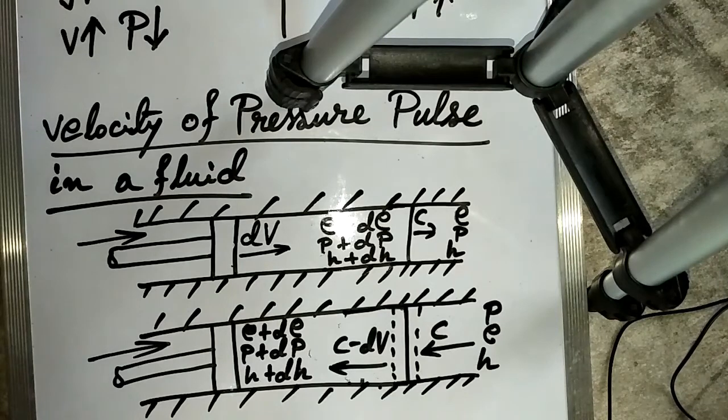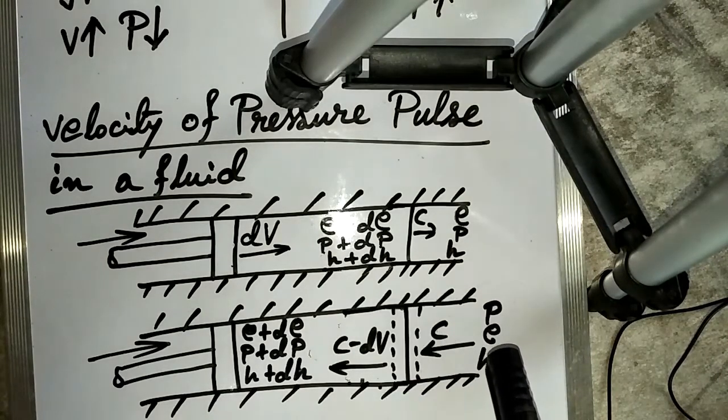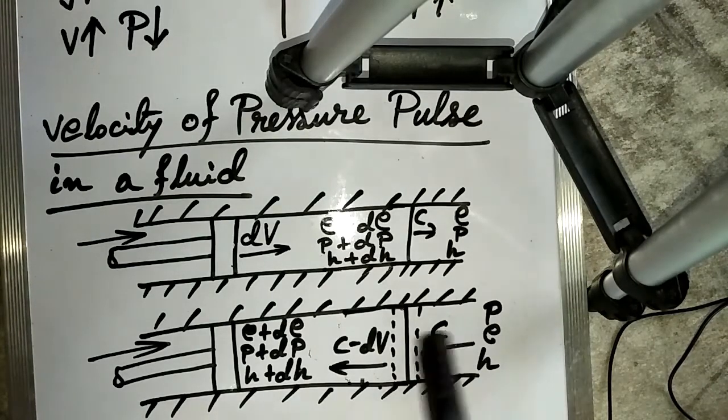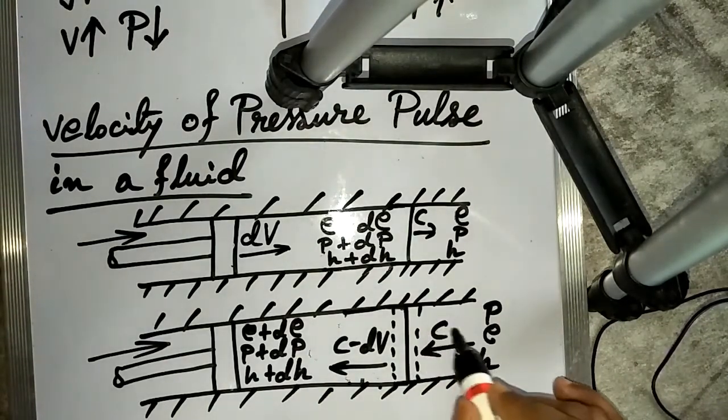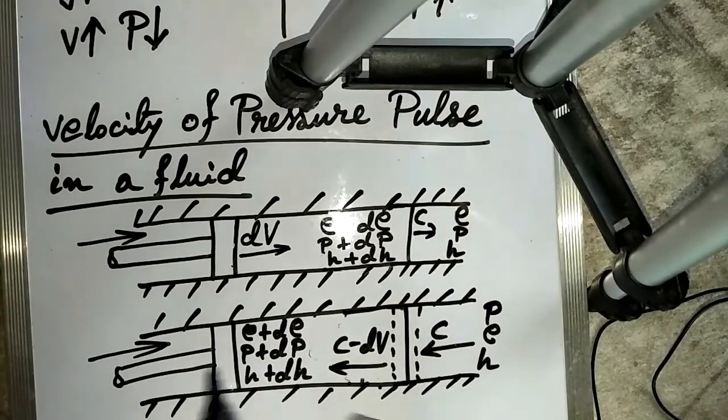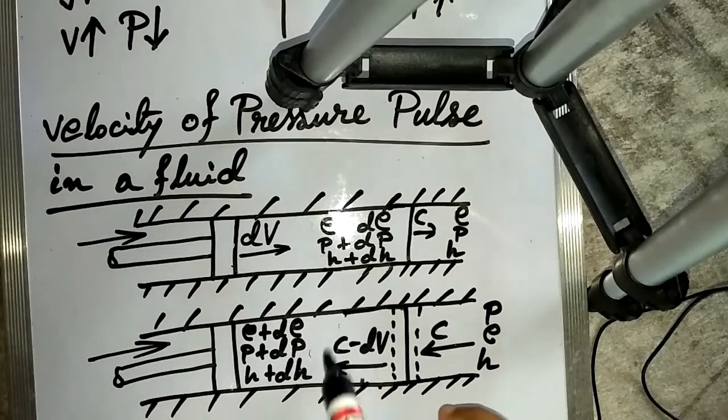The fluid flows steadily from right to left as it passes through the wavefront, with the velocity as shown in this figure. So the velocity is reduced from c to c minus dv. This is the velocity beyond the wavefront. The wavefront velocity is c, and between the cylinder and the wavefront the velocity is c minus dv.